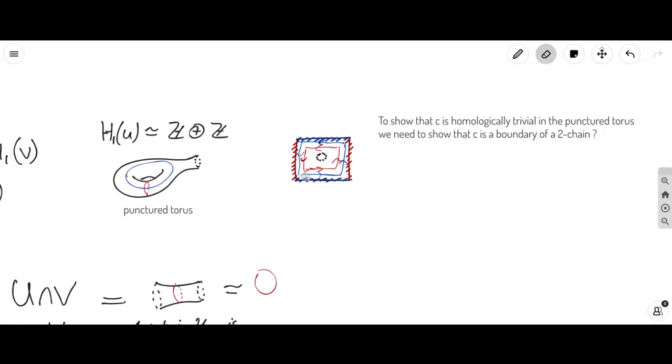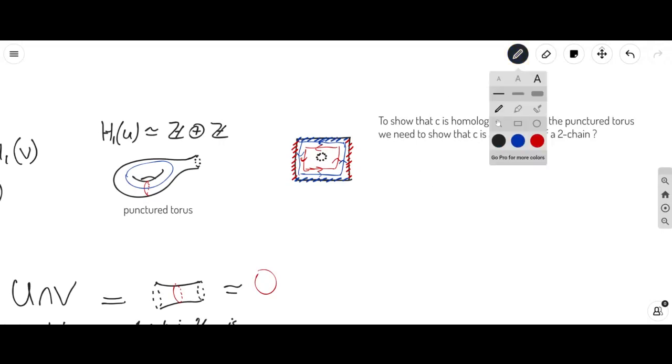As you continue to push it out, notice that you're aligning yourself with the cycle that goes around, with this cycle. But when you get to this part, you see the arrow now goes backwards, so you're going in the opposite orientation.